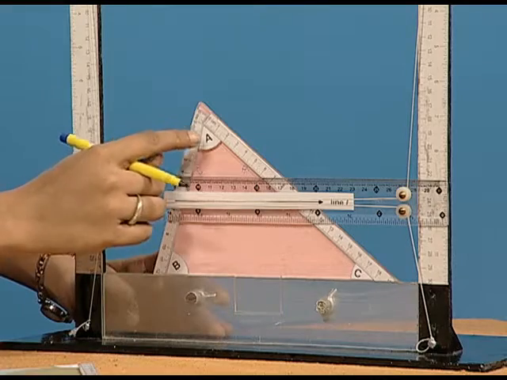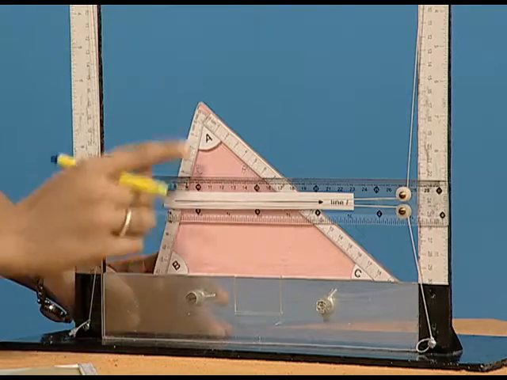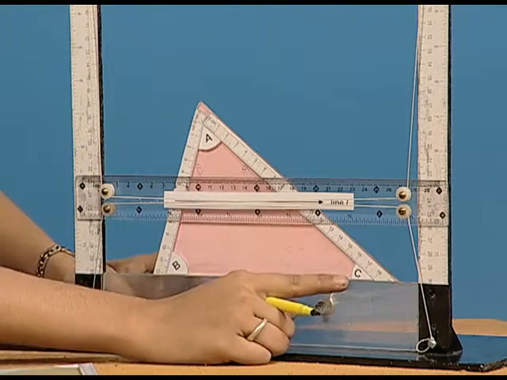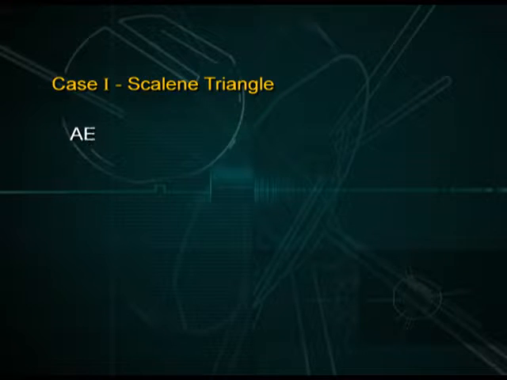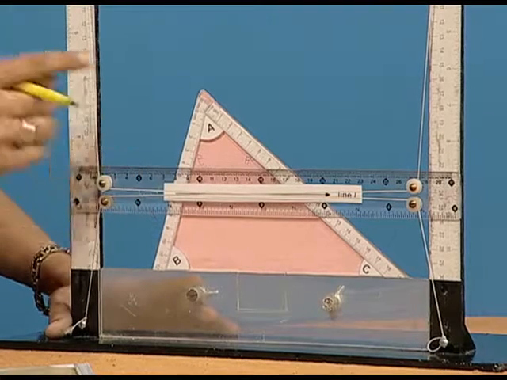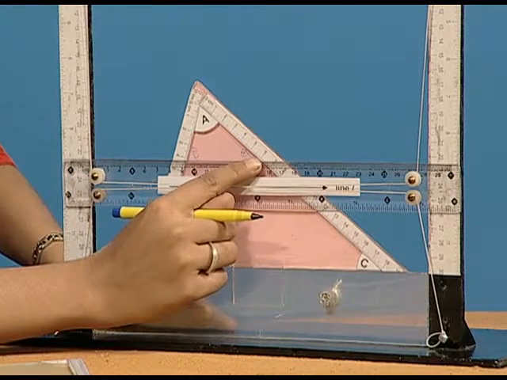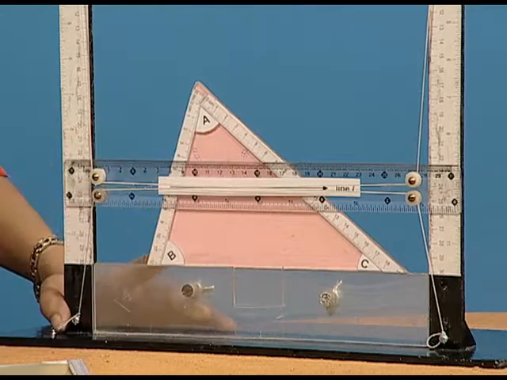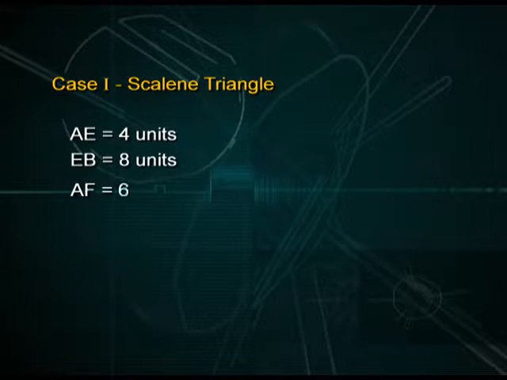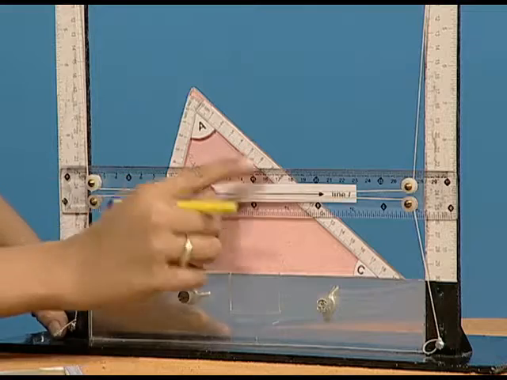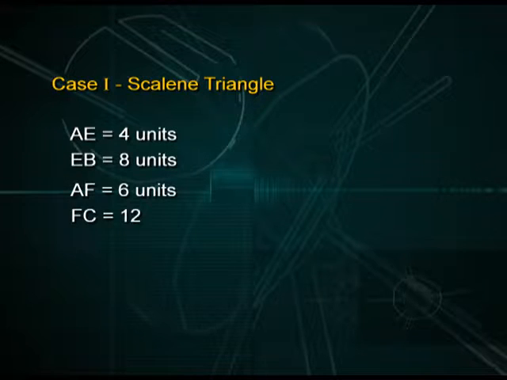Now on measuring AE, EB, AF and FC, we can see that AE is 4 units and EB is 8 units. Similarly, AF is 6 units and FC is 12 units.